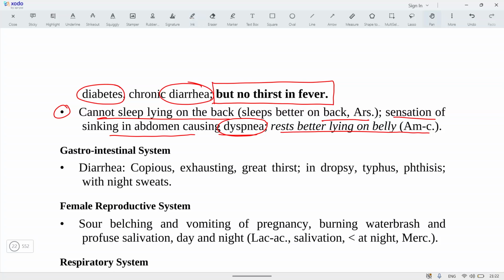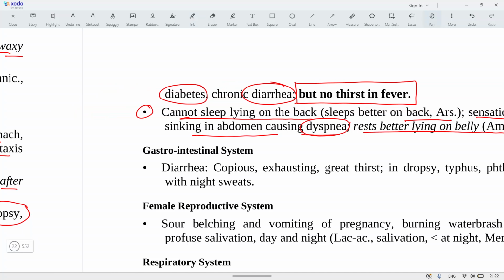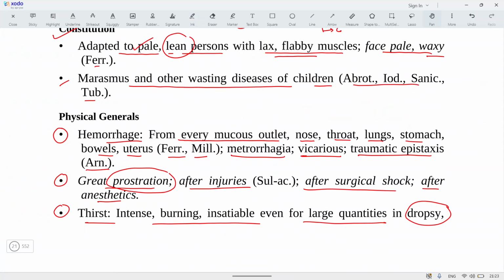We must remember. So till now, we have understood the four most important general symptoms of acetic acid. After any kind of injury or any kind of gross pathology, the patient has prostration, the patient has wasting diseases, and that is why the patient is very weak. The reason for this weakness or prostration may be injury, surgical shock, anesthesia, or other kinds of hemorrhages, and because of all these, patients are very weak and prostrated.